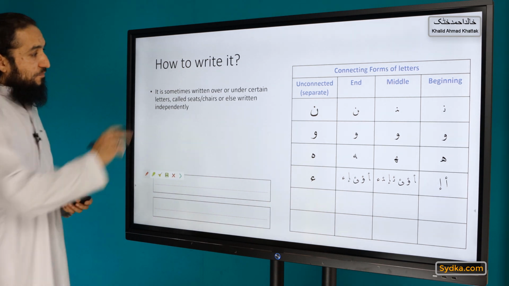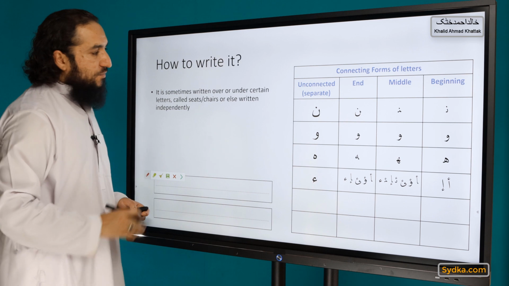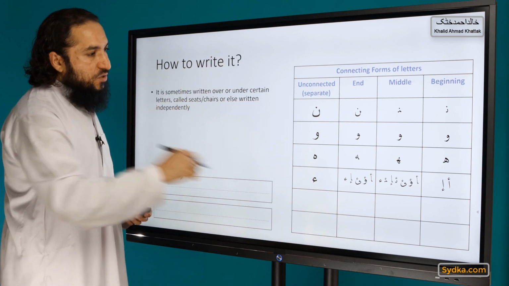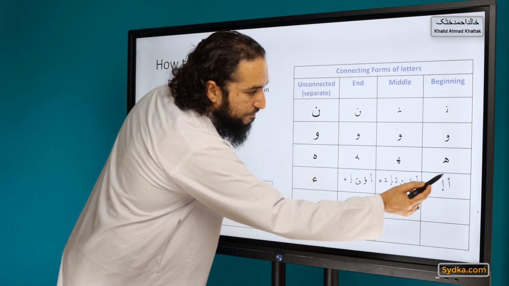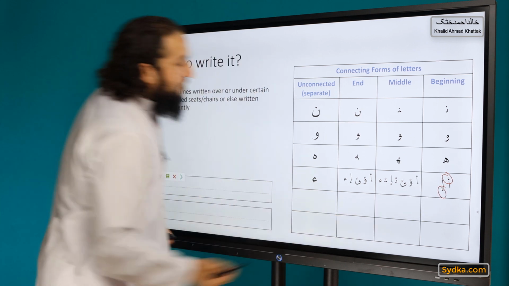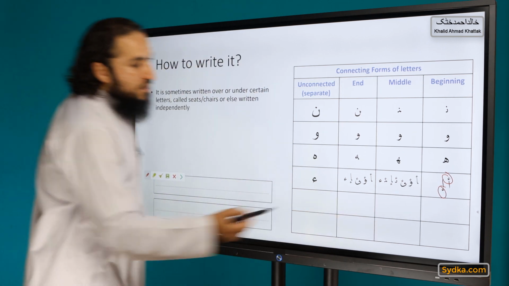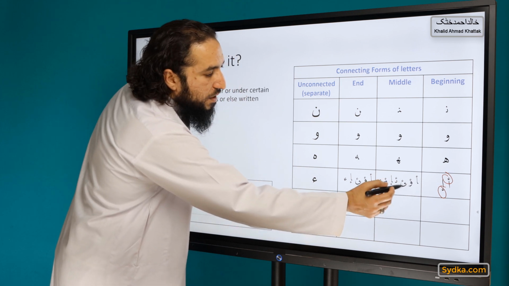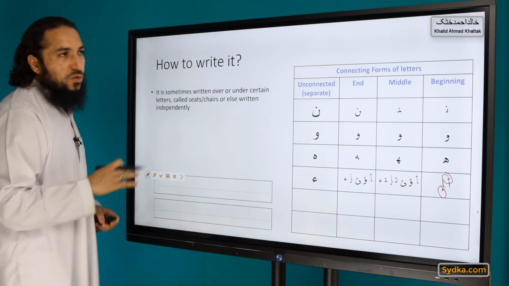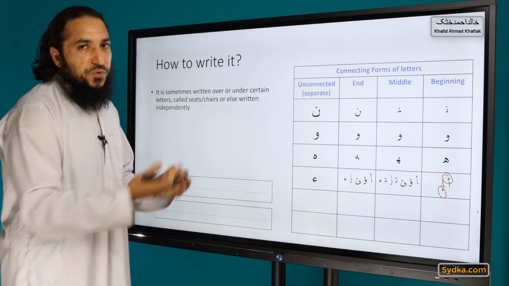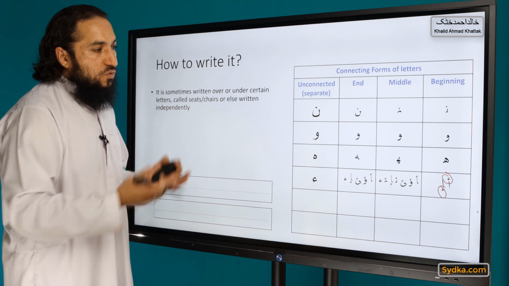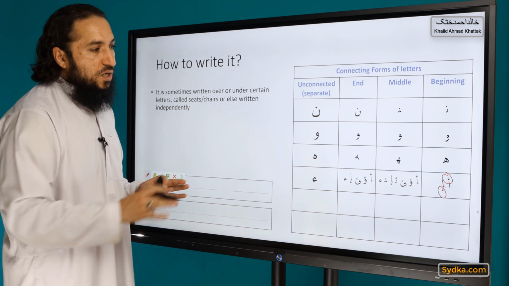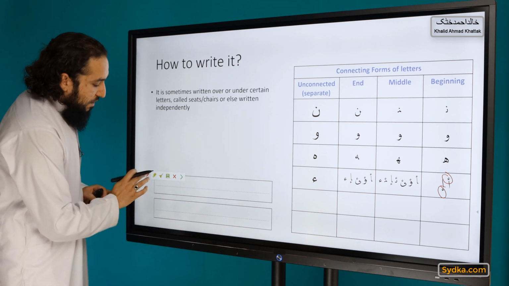Sometimes it is written above or underneath the letters. Okay, and as we explained before, these are called chairs. Those chairs don't contribute their own sounds to the letter, but are used as a chair, and it is written like this.